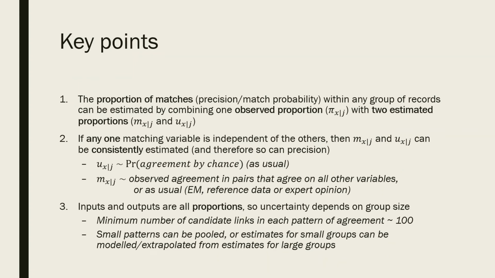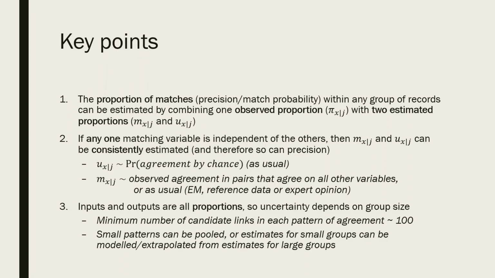So the key points from this were that the proportion of matches within any group of records can be estimated by combining these three proportions. And if any one matching variable is independent of the others, then you can consistently estimate the match probabilities or match proportions. But this is all using proportions, and so these are group statistics that depend on group size.